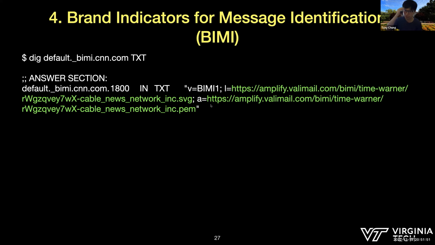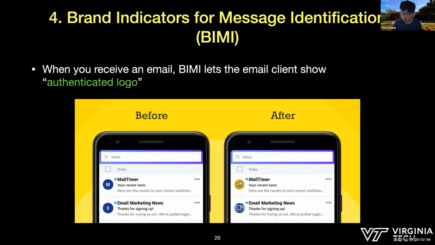If the certificate is valid, signed by a legitimate CA, as we learned from the HTTPS class, then the email client will fetch the logo from this URL and show the authenticated logo, so that the user, without being afraid of phishing attempts, can check the logo and be sure that this email sender must be valid.